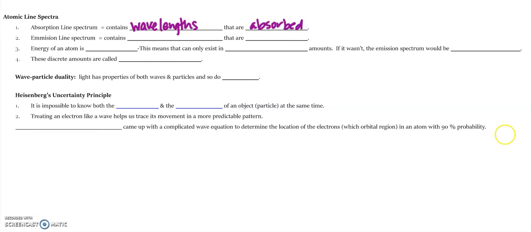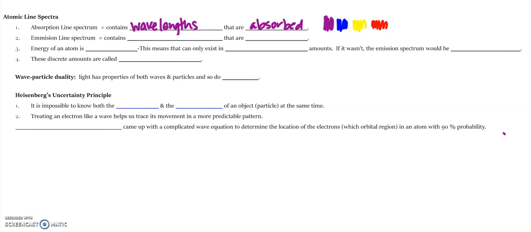So what you're going to see here, like if we use a prism, is different colors, but maybe you're going to see little gaps where some of them don't exist. Okay, so this is all the color that's absorbed, with those gaps in there. The emission line spectrum is the opposite.